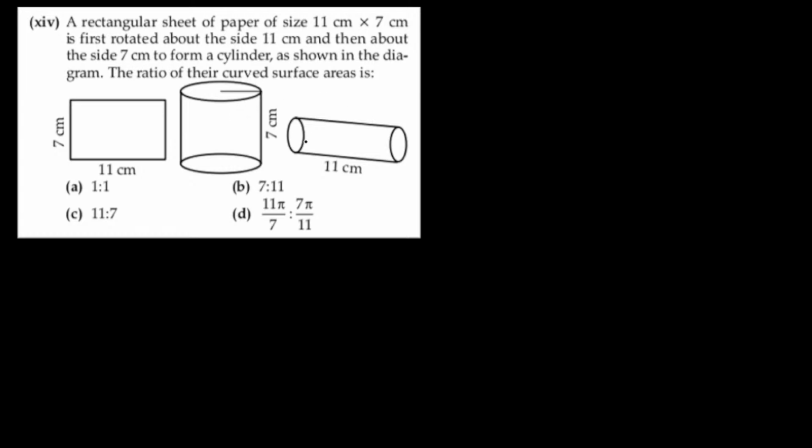Both the figures are given to us. When you rotate or roll a rectangular piece of paper, it will become a cylinder. This we all know. First they rotate it about side 11 and then about 7, so both the cylinders are given to us.